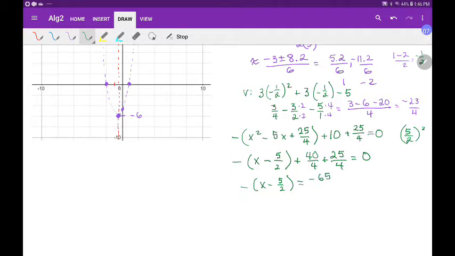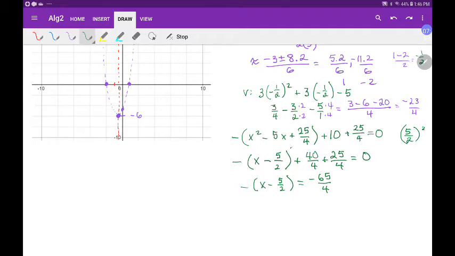So I subtract it from both sides. I subtract the 65. Maybe I shouldn't do that all at once. But you see that I added these together and I moved them to the other side, so now they're negative. Okay? All right. And let's see. I think I will multiply both sides by -1.